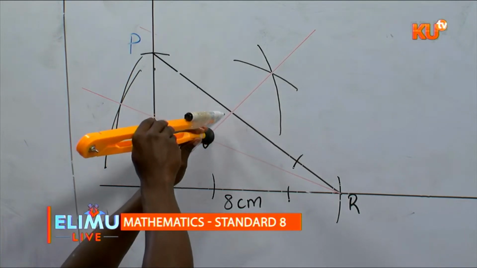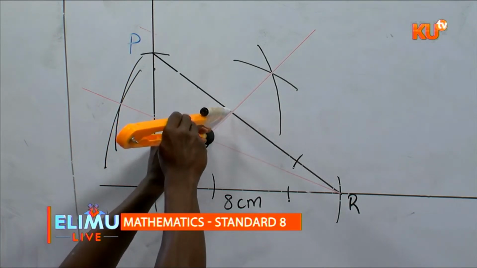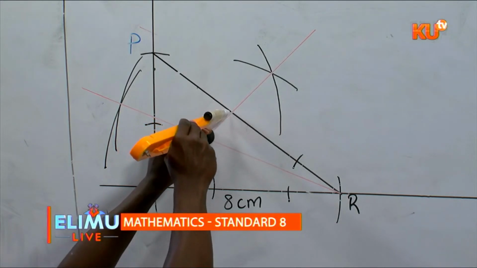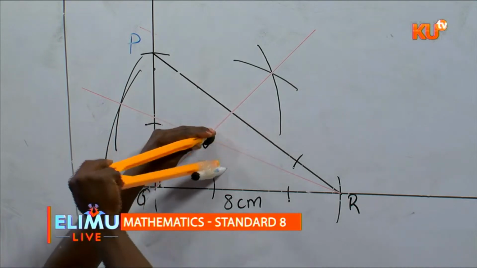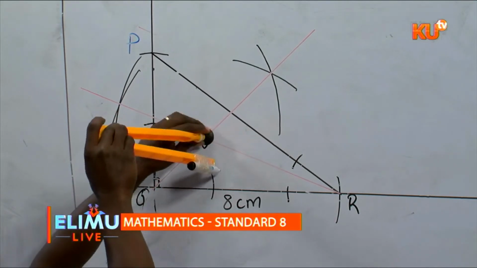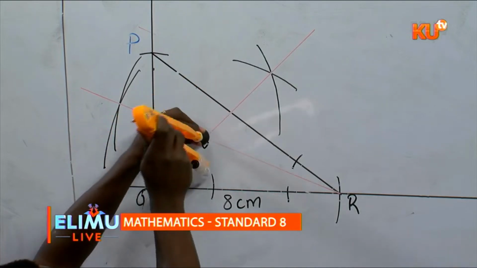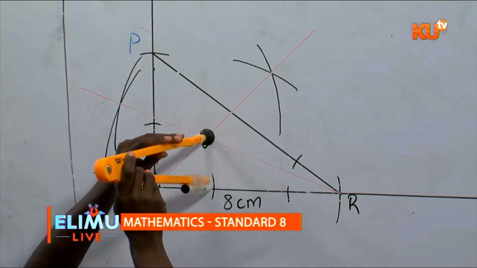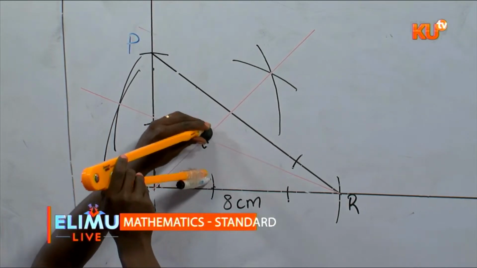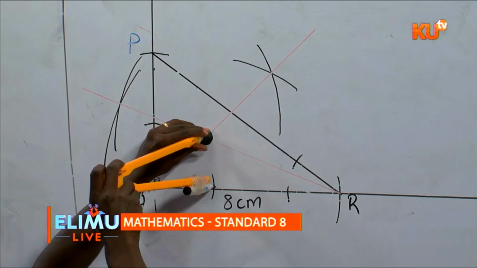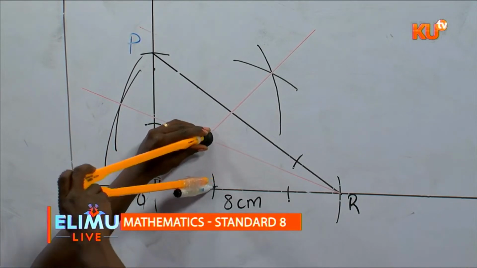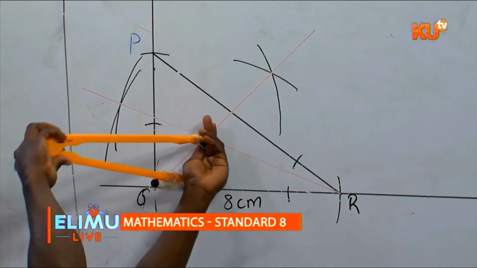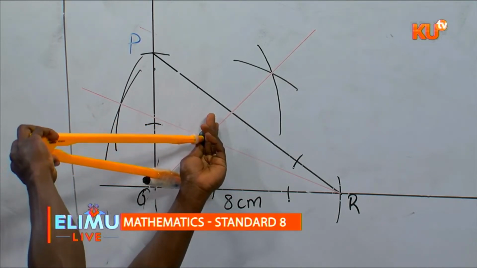Touch one of the sides. There, and then you draw the circle. Draw the circle gently.